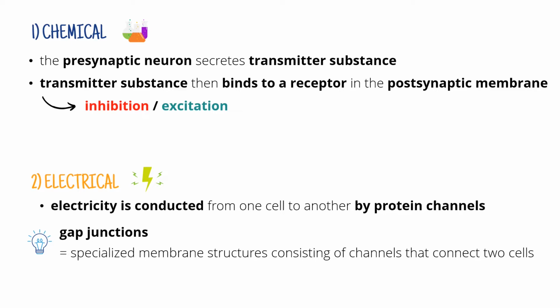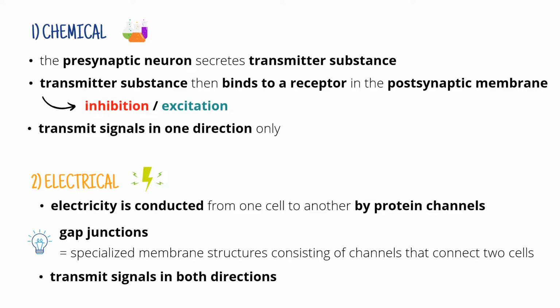However, there's not a lot of gap junctions in the central nervous system, so we will only focus on the chemical synapse for now. There is also one important difference in that chemical synapses always transmit signals in one direction only, whereas electrical synapses transmit signals in either direction.